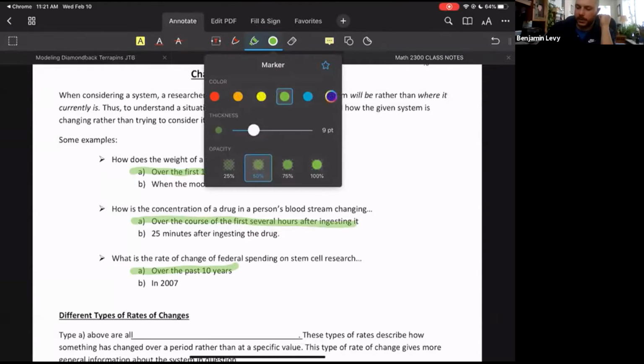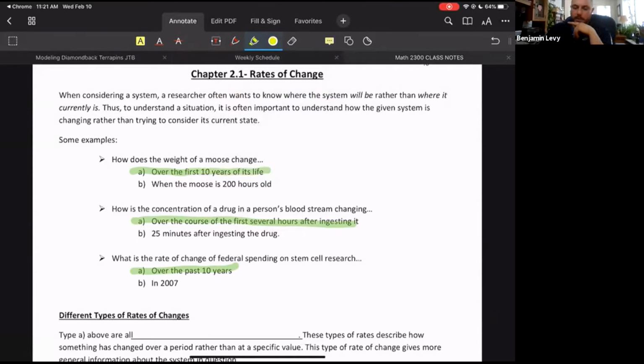Let's say we're a moose researcher. You might care about how much weight is gained over the first 10 years of its life. That's a different kind of rate of change than type B, which is how the weight of the moose is changing exactly when it's 200 hours old. One is over a long period, one's at a very specific moment.